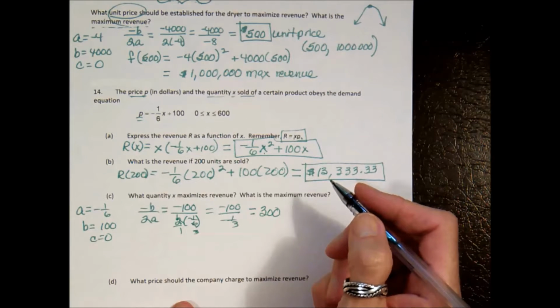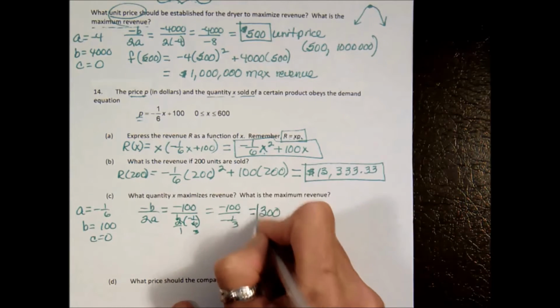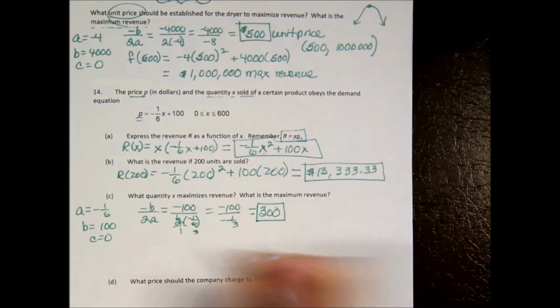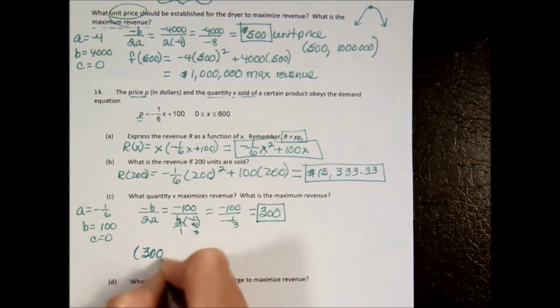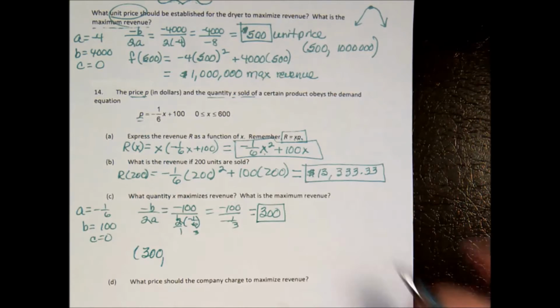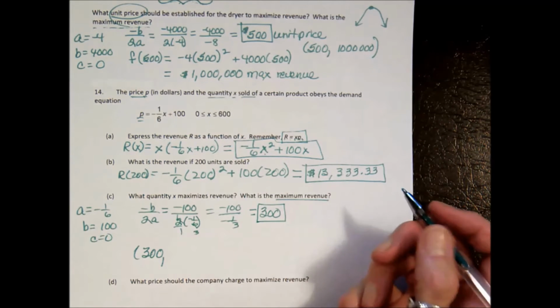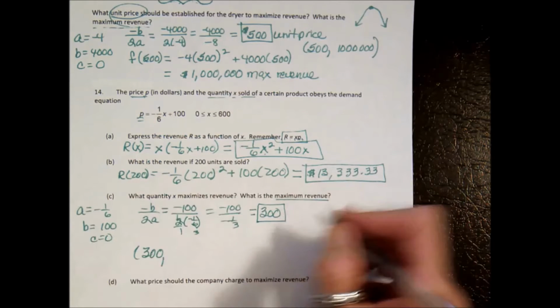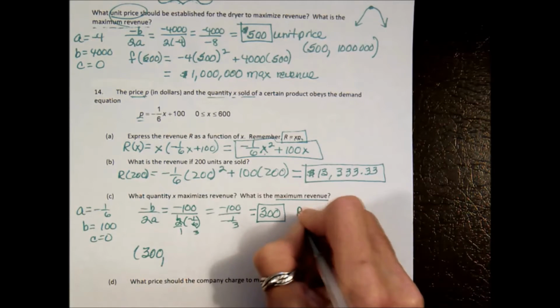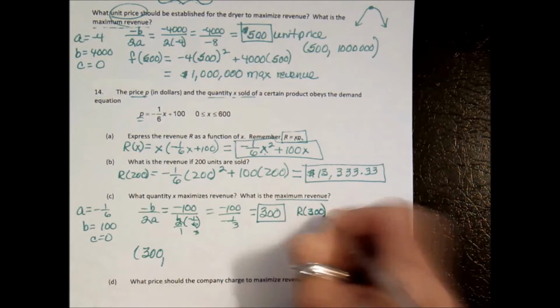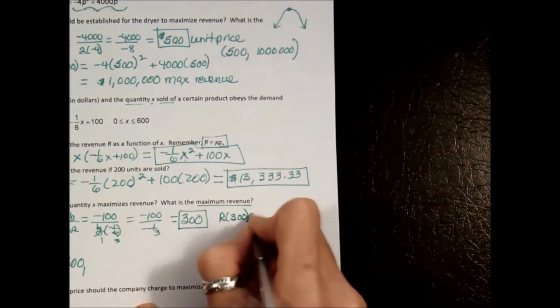So that's the quantity that maximizes the revenue. So that's the first part of our vertex. Now we want to know, what will you get if you produce that many? So we want R of 300 back in our equation. So it's -1/6.